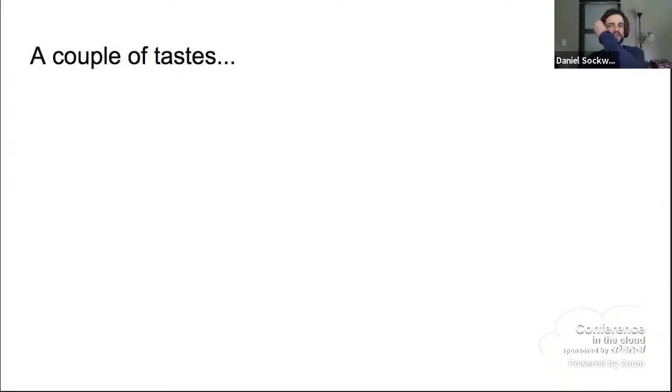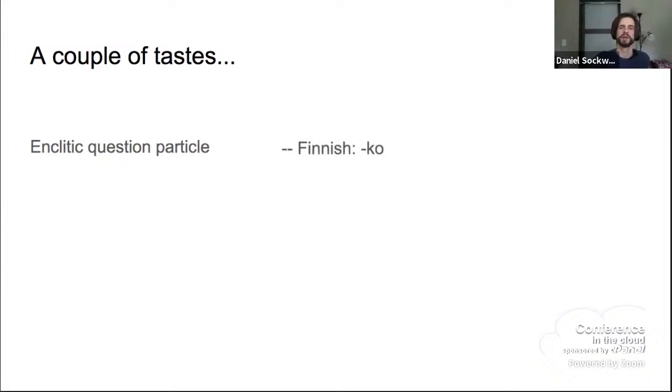Given the format of this talk, I don't have time to go into many details, but I want to give you a couple of tastes of the things that come up when people are thinking about constructed languages. One is that some languages have what's called an enclitic question particle, which is a fancy way of saying a suffix.